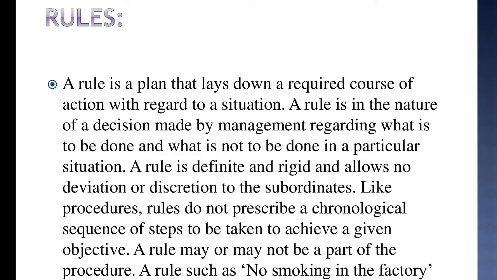If not, what is the other method? These two things they will be giving out in the rule. A rule is in the nature of a decision made by management regarding what is to be done and what is not to be done in a particular situation. So the rules will be giving do's and don'ts, simply in one word.